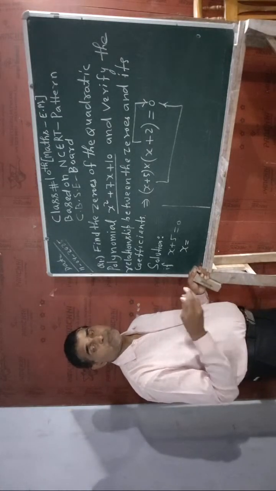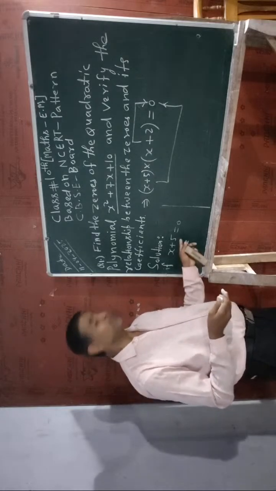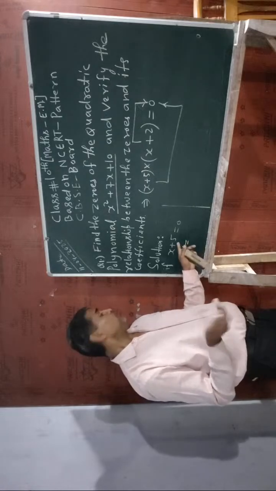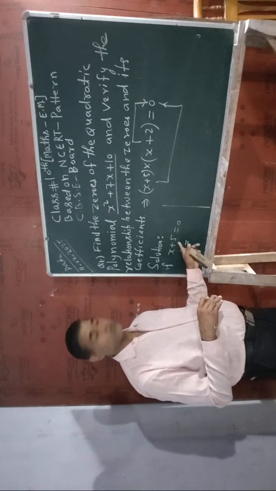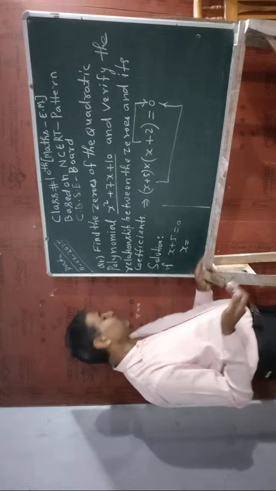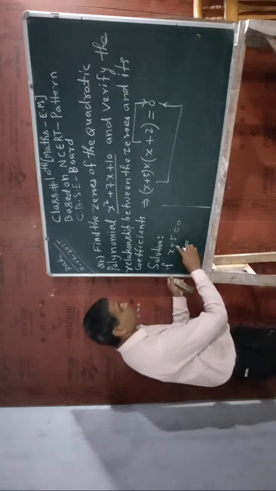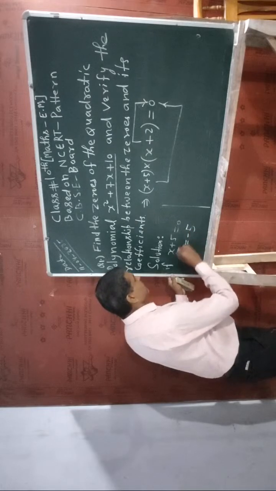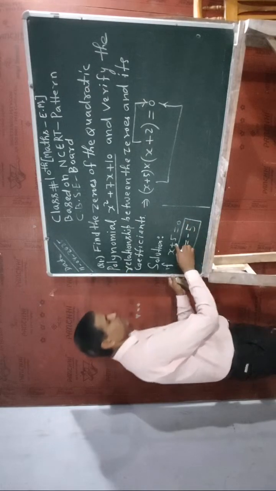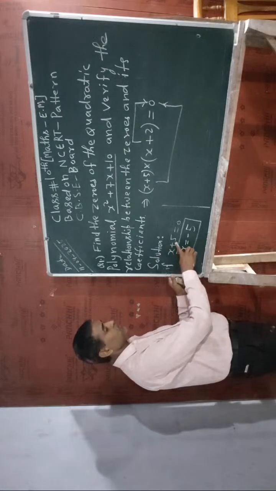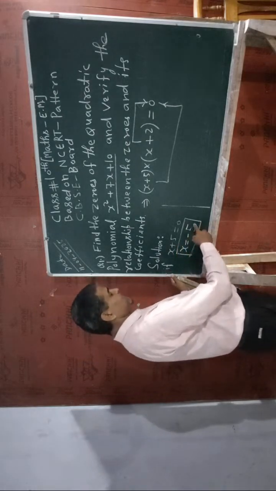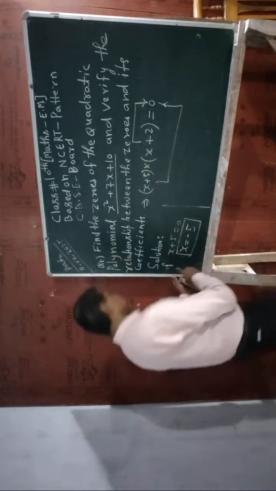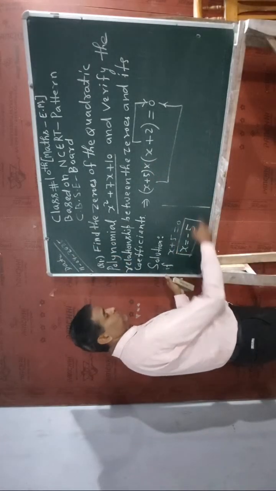If any quantity has a negative sign, it will become positive. If it has a positive sign, it will become negative, vice versa. So here it is positive, so when I put it in the right hand side, it will be minus 5, because in the left hand side it has a positive sign, but it goes to the right hand side with a negative sign. Okay, student. Now case 1, if it is equal to 0, so I have got this one.